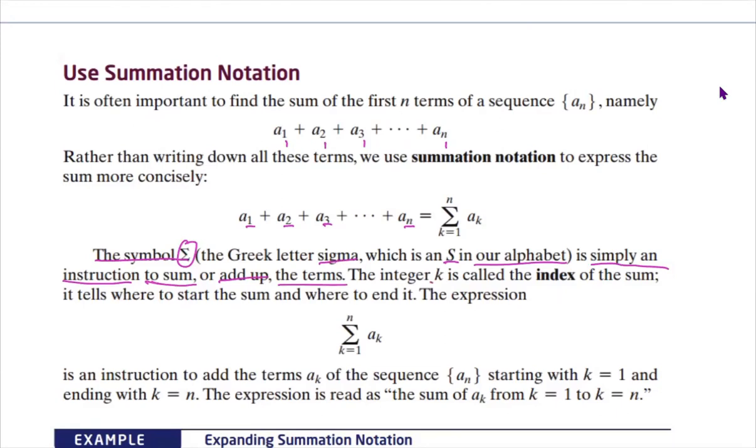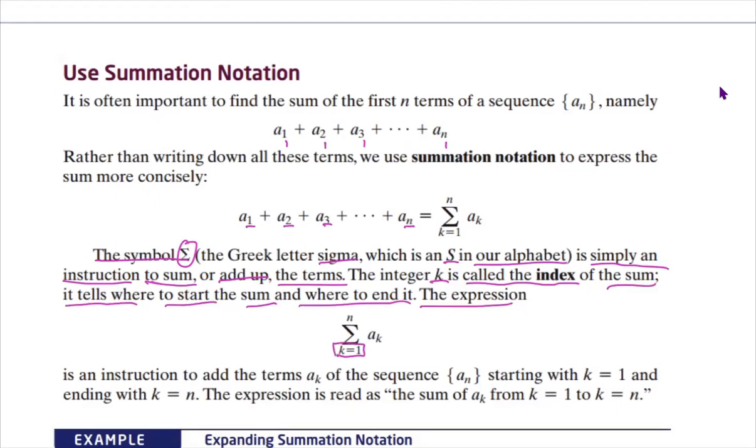The integer k is called the index of the sum. It tells where to start the sum and where to end it. So look at this expression here. The sigma part is the S in our language, but it's a Greek symbol. Here is where you start.